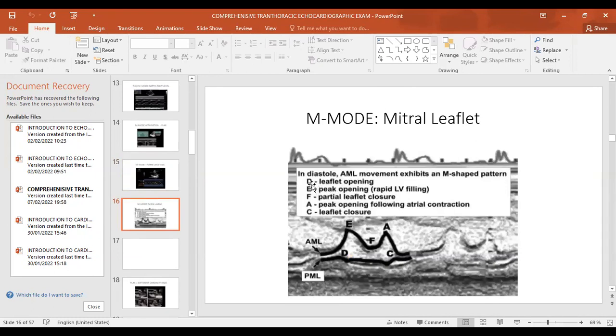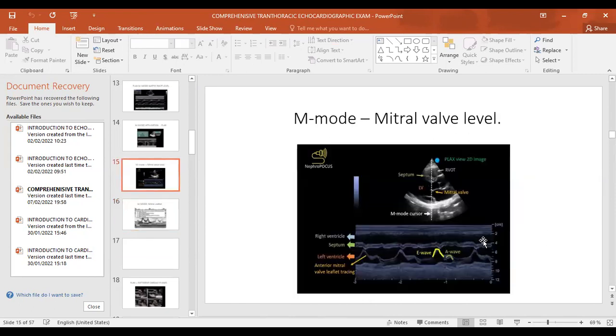At D, for example, the mitral valve will start opening slowly. When they reach E, it's peak opening. That's why they have written peak opening, and there is rapid filling. And it's at E where the EPSS has to be applied and understood.